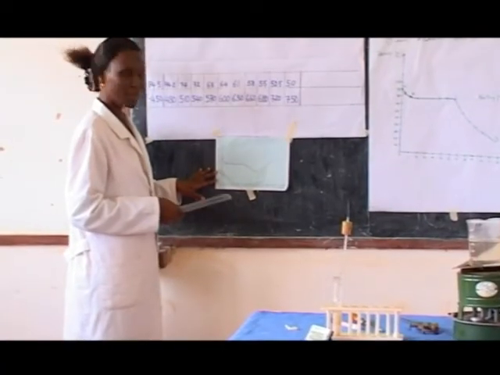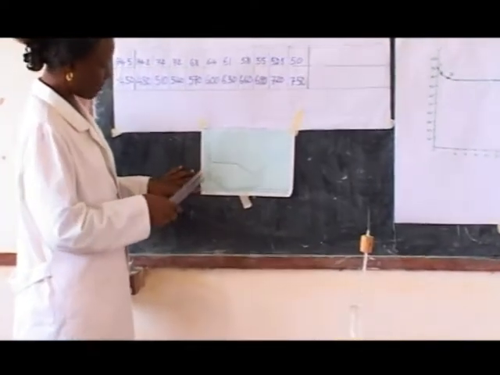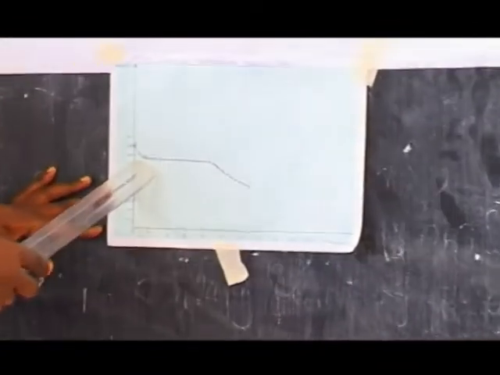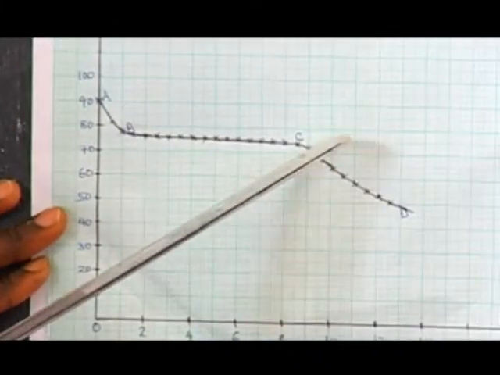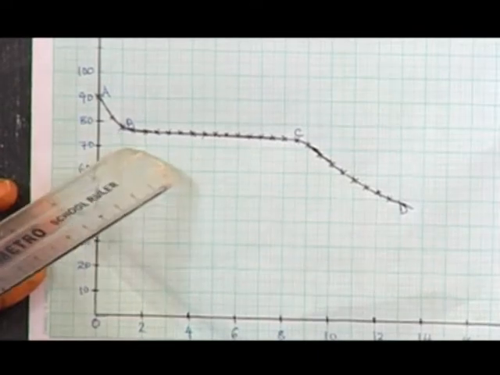From the graph of temperature against time, the melting point is the flat part, which in our graph is indicated from B to C, about 76 degrees centigrade.